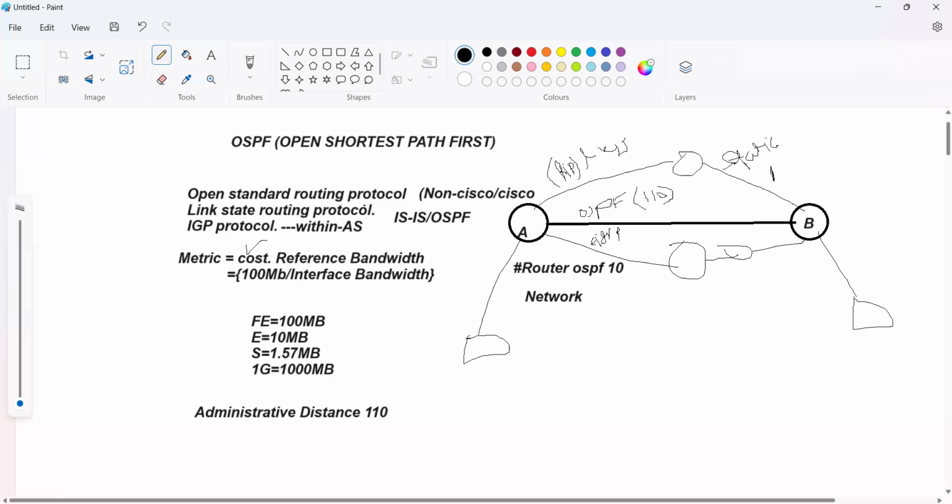For EIGRP, the summary route should be 5. 5 is actually for summarization, whenever you configure summarization.